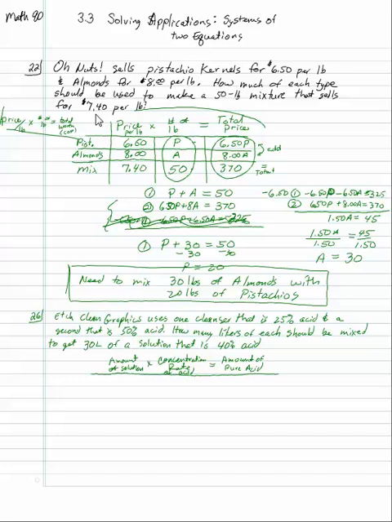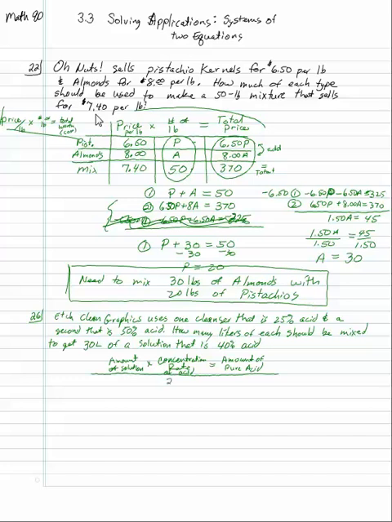But the way I think of this is I'm going to use this relationship on the top of my box. I'm going to take the amount of solution, the total amount, times the concentration rate. And that's going to equal the amount of pure whatever the concentration rate is talking about. So in this case it's talking about a 50% acid concentration or a 25% acid concentration.